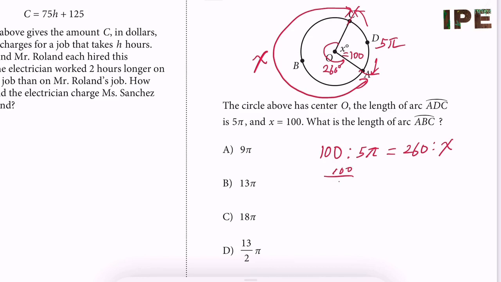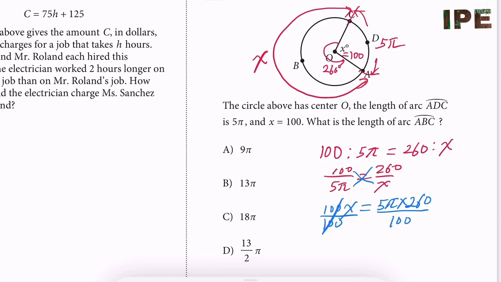100 over 5 pi is equal to 260 over x, and we can do cross multiplying. So 100x is equal to 5 pi times 260. So x is what? That divided by 100.